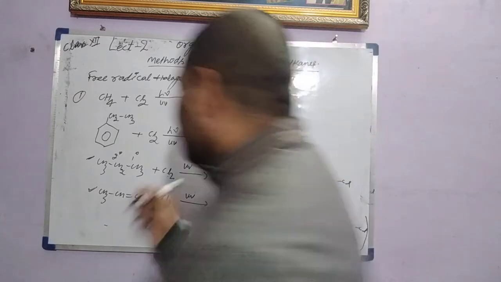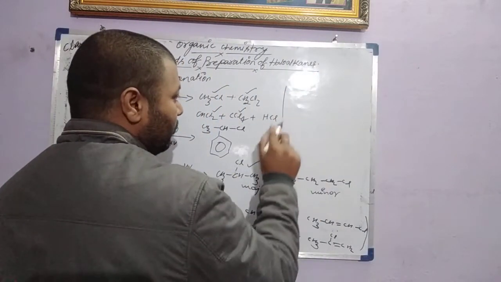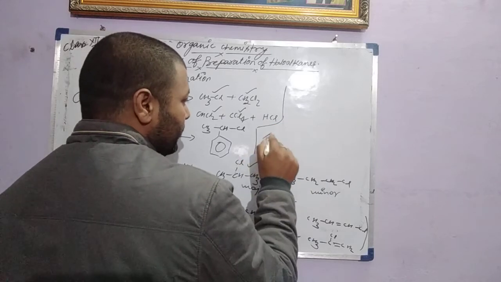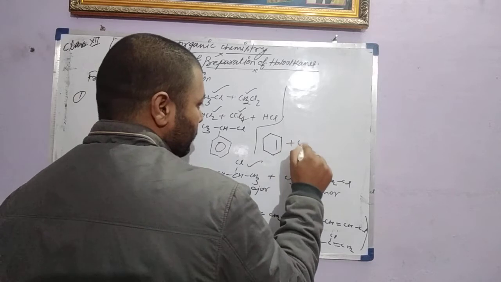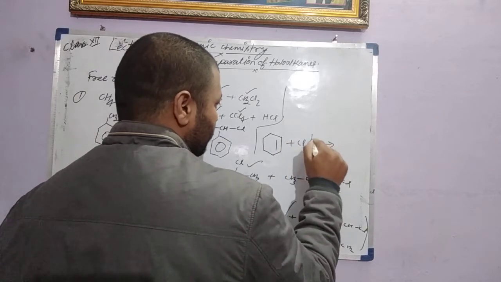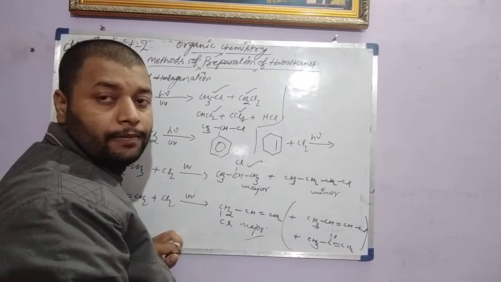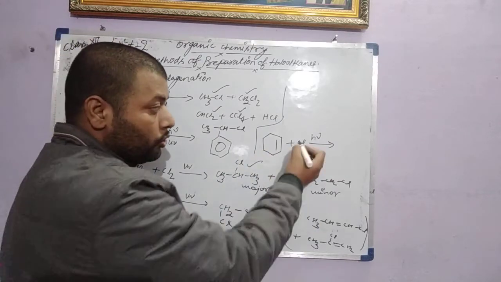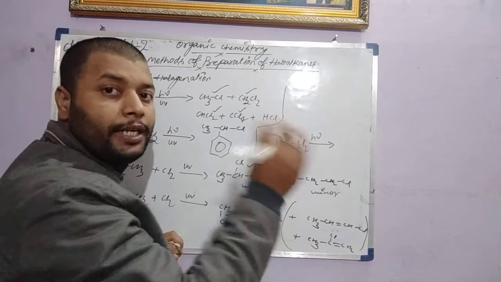Okay. One more example that actually also came in the board examination. Look at this, it is called hexene. So chlorine must substitute the hydrogen from the conjugate position.